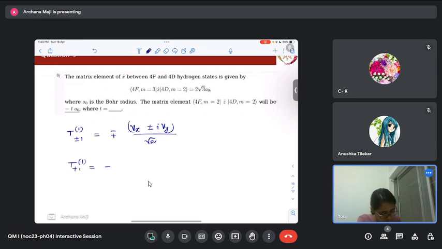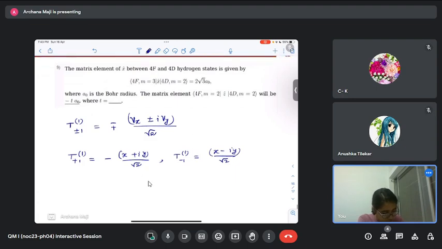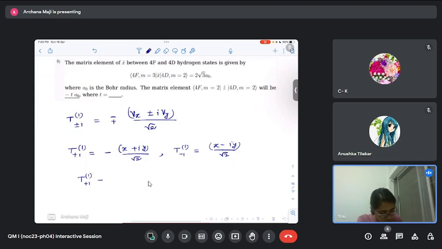So in that case, it's x plus iy over square root 2, x minus iy over square root 2. Okay. So if we subtract the 2, that will give us square root 2x, or x is basically 1 over square root 2, that spherical tensor.